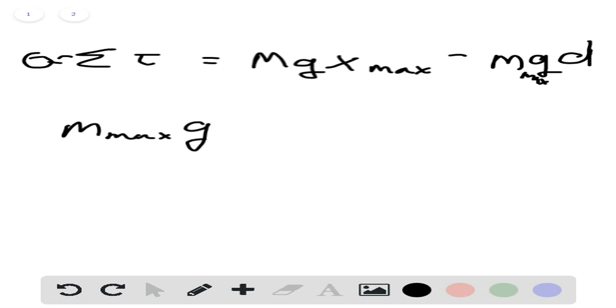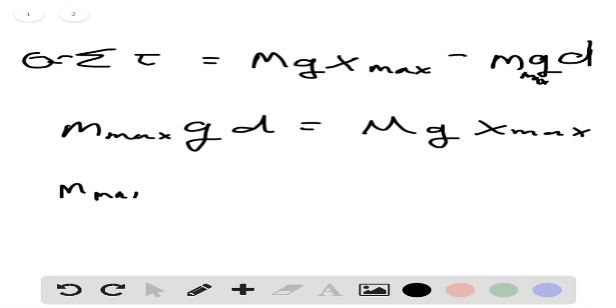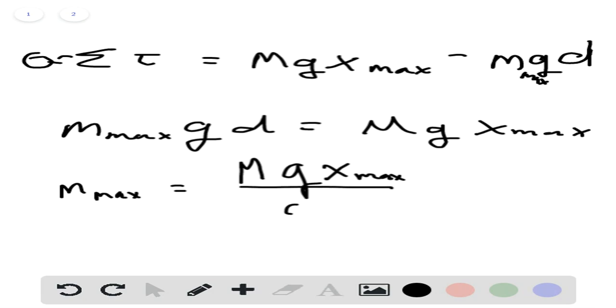So little m max g d is equal to big M g x max. So m max is equal to big M g x max over g d. So the g's cancel like they did before, and we have big M times x max, which is just 3.4, right?